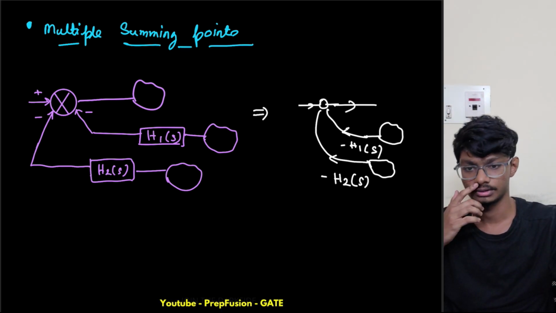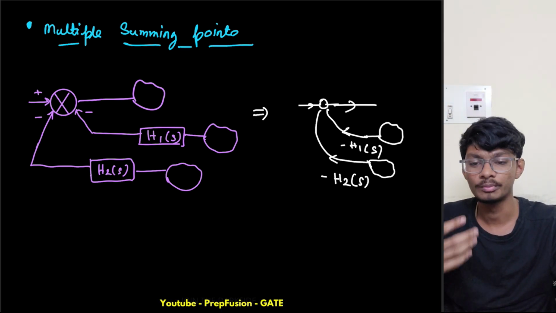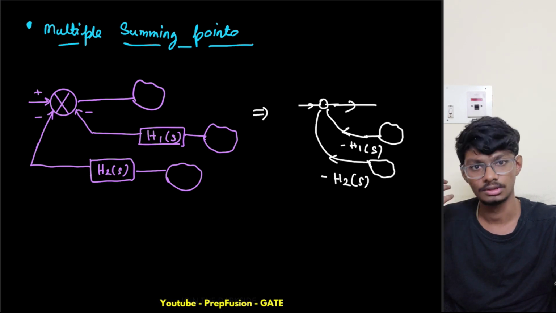So these are a few basic rules for the SFG. Next I will do one example problem for the SFG, and here you will understand how to use the SFG. So this is the sixth problem, and this is a very basic problem. What is the basic problem?